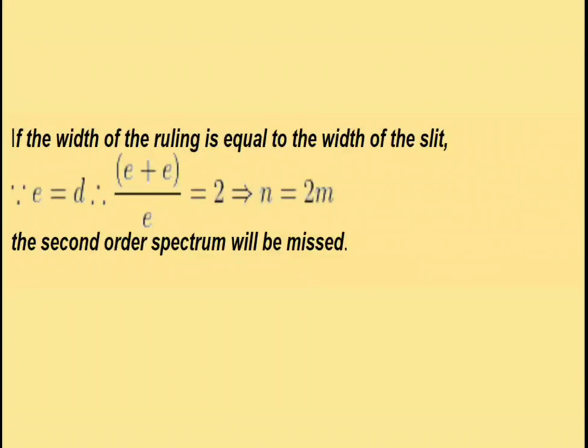For example, if the width of the ruling is equal to the width of the slit. As we know, the width of the slit is indicated by the letter e and the distance between the two slits is indicated by the letter small d. So in this case, as the width of the ruling is equal to the width of the slit, that means e is equal to d. Now substitute in the formula. How do we get the n by m value?